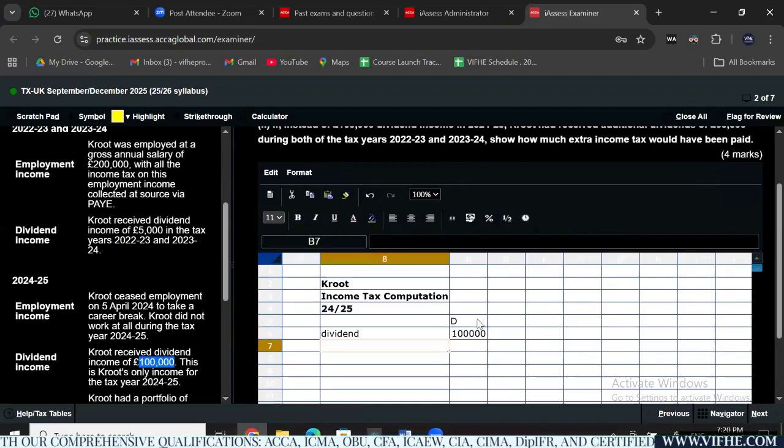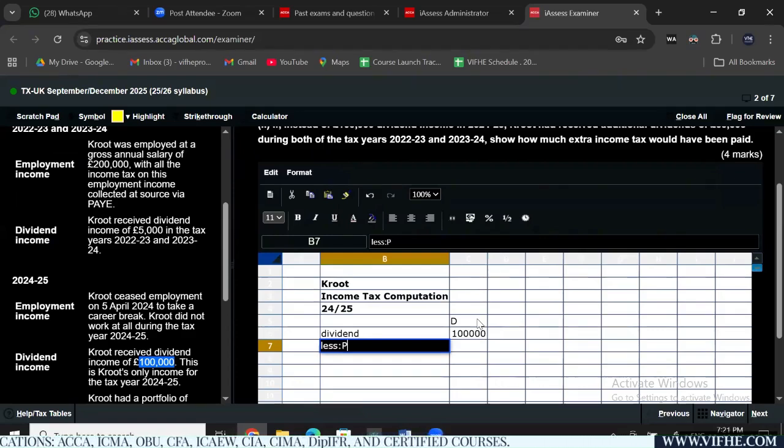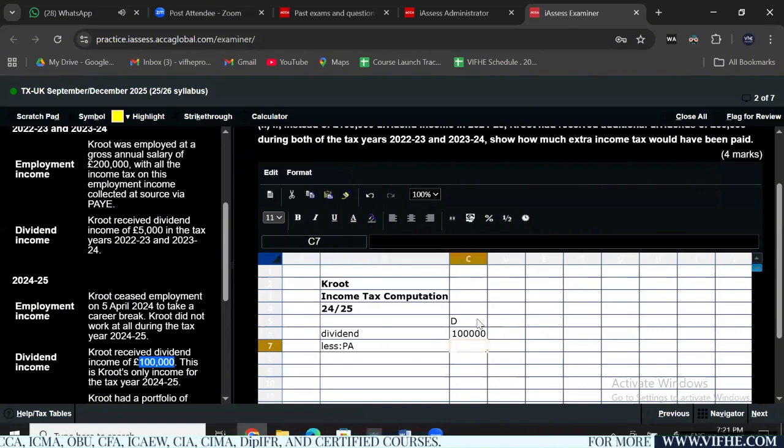There is no other income. So this is the total income. This is the net income. I'm straight away going to deduct the personal allowance figure. The personal allowance figure is £12,570 and it is deductible. Am I correct? Is £12,570 deductible?